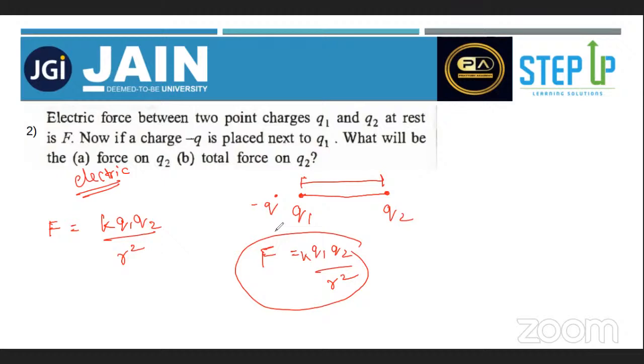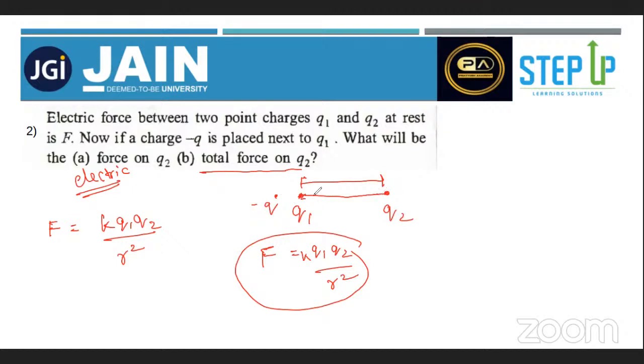So the electric force is independent of the presence or absence of any other particle. It is only dependent on the charges between which it acts. The total force you can calculate using the formula. Because of this one you can find the force on this, and because of that you can find it on the other.